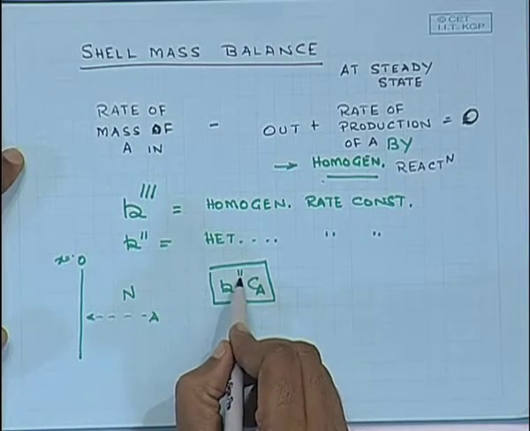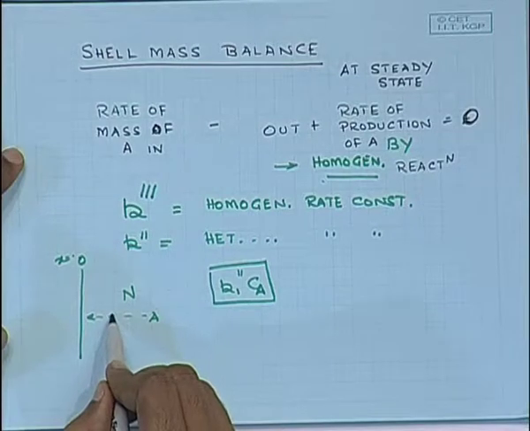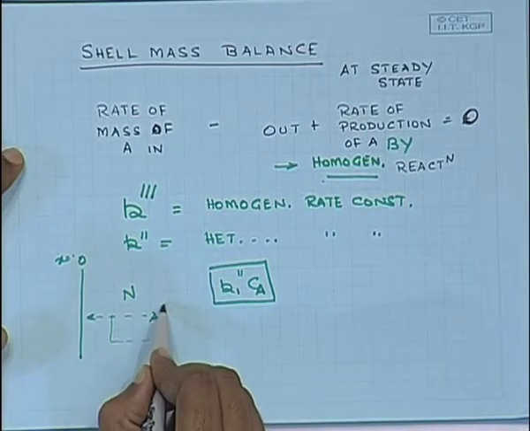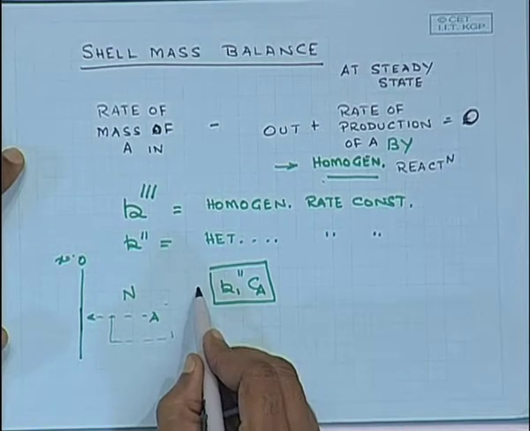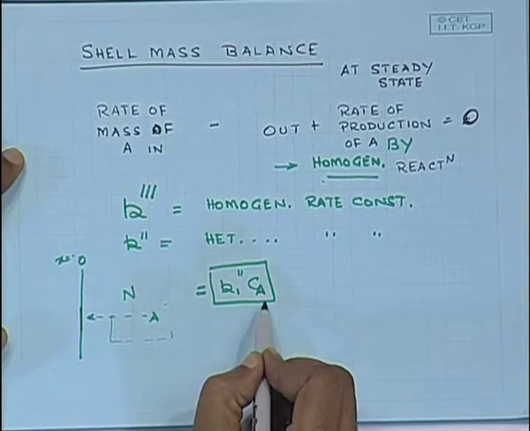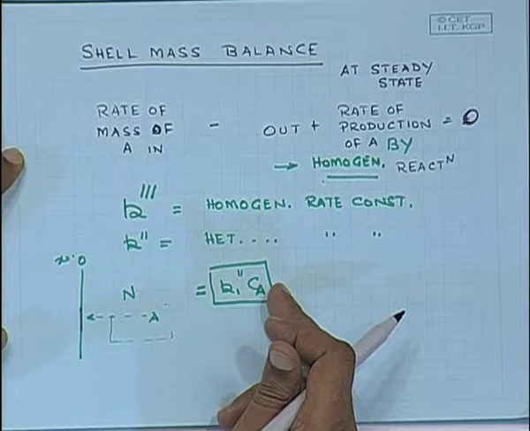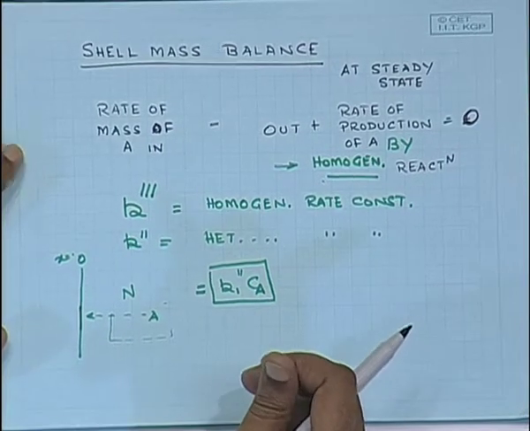Notice that I have put a double prime here denoting it is a heterogeneous reaction. That means conversion of A to other things takes place not here or anywhere else, but only at x equal to 0. What is this going to be equated with? This is nothing but the reaction rate, but this reaction rate at steady state must be equal to something. What would that be?